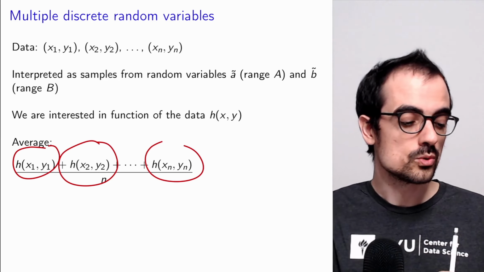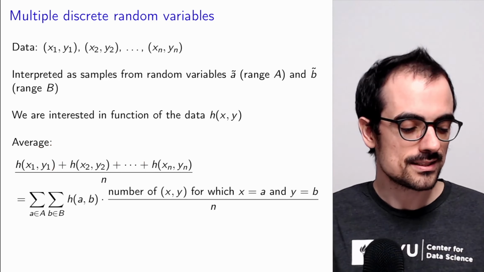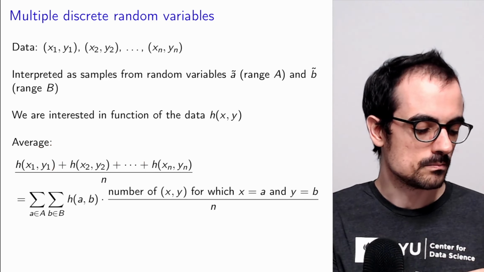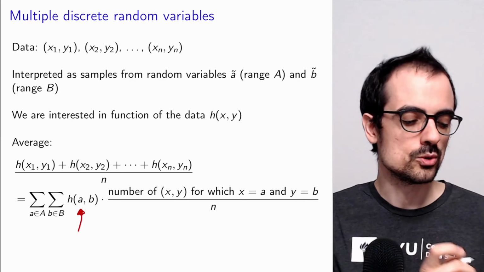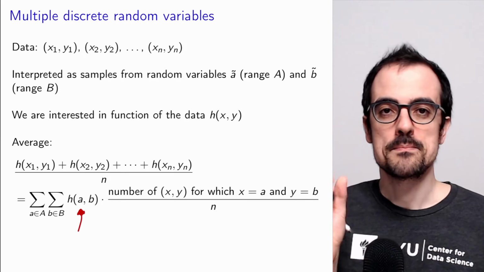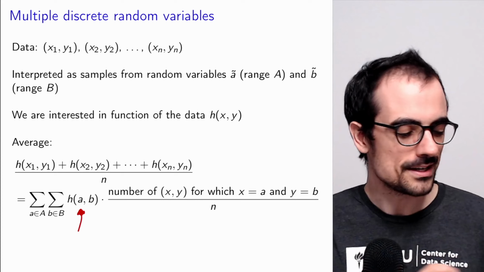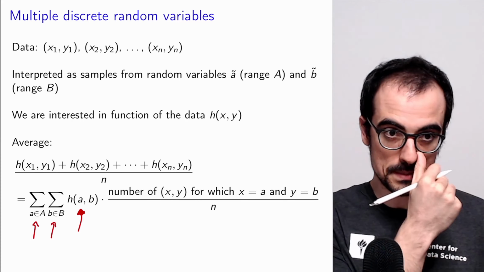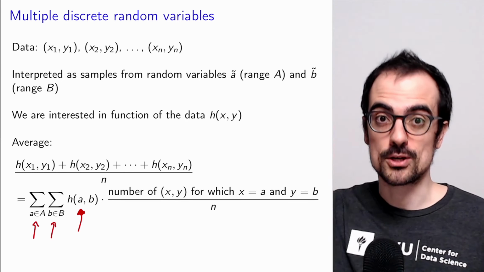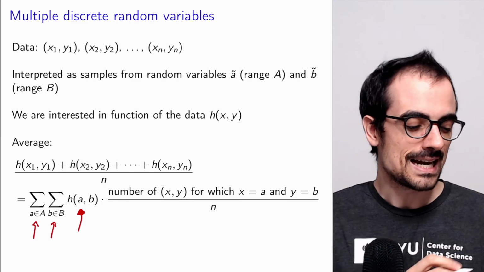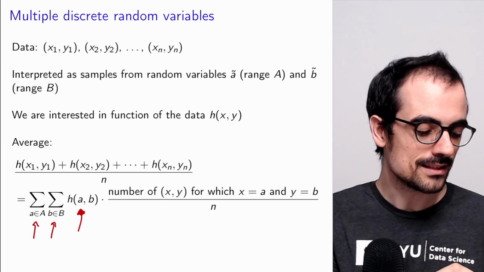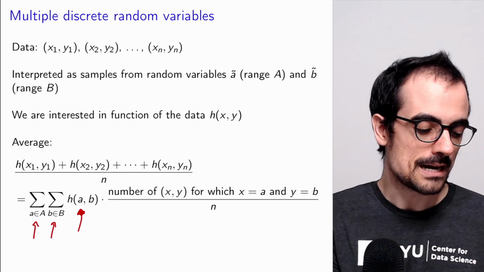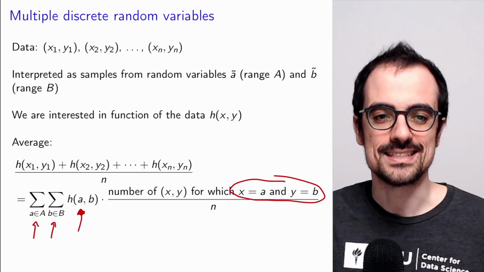But what we want is an expression in terms of the probabilities associated to these random variables. In order to do that, we recast this sum as the sum of the function applied to every possible pair of values. So we go over the range of A and the range of B, consider every possible pair of values, and then see how many times that particular pair appears in the data set.